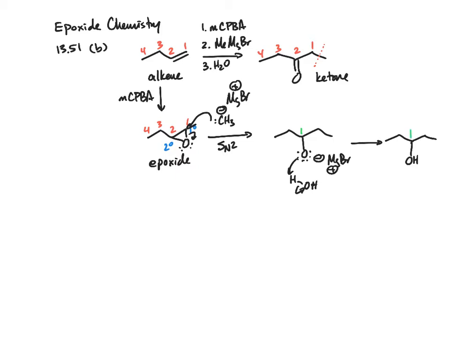And then this is where you would use something like PCC, pyridinium chlorochromate. That's doing the oxidation of the secondary alcohol to that ketone.